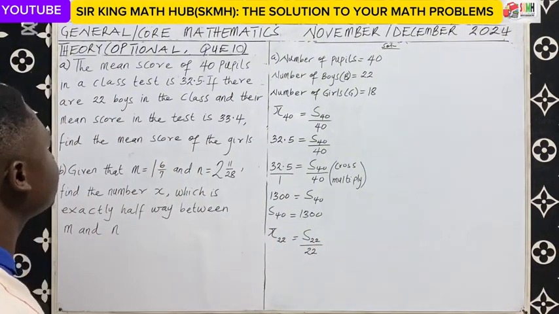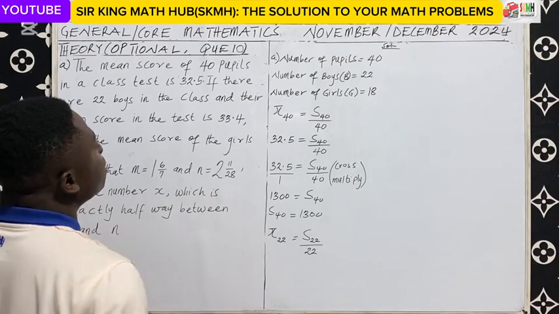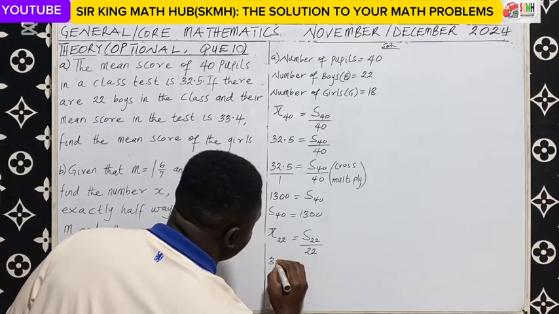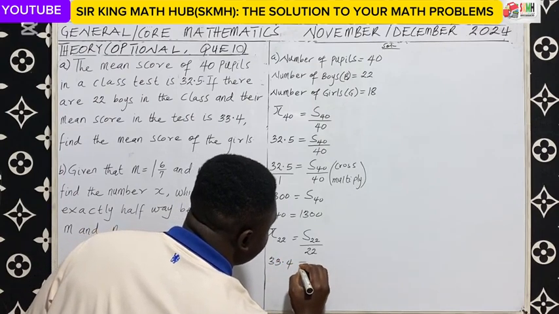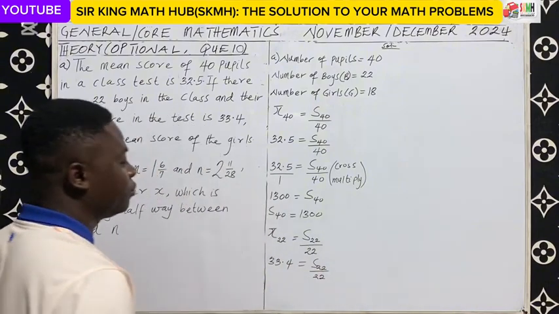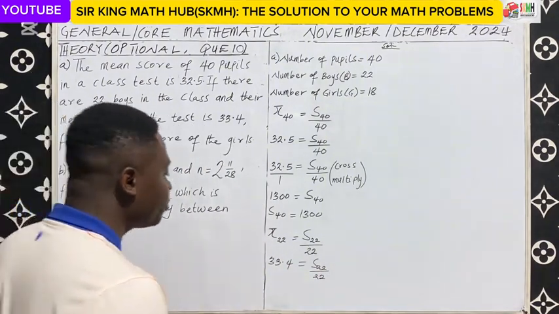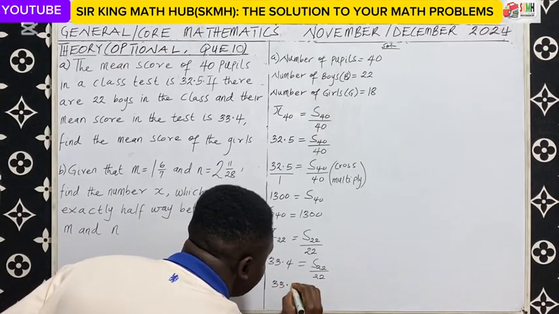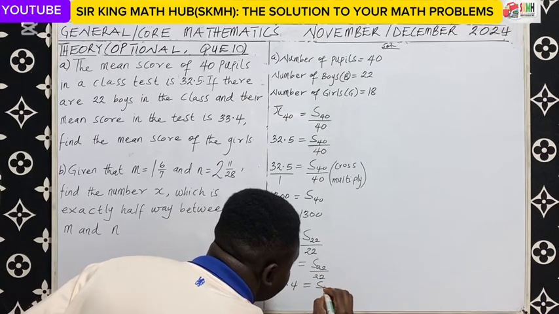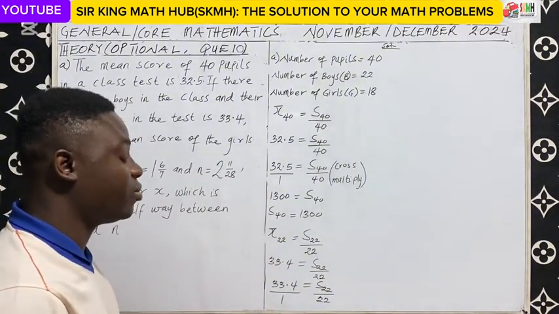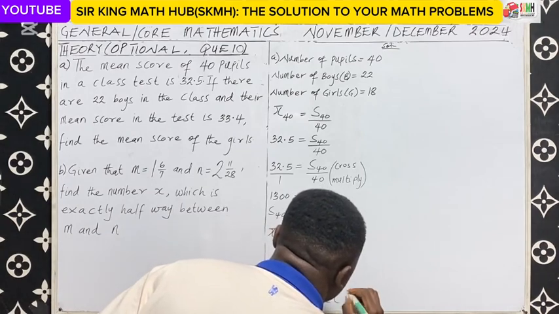So for the 22 boys, their mean score is given as 33.4. So we have 33.4 is equal to the sum of 22 divided by 22, and 33.4 is also the same as 33.4 on 1. So at this point, we can cross multiply.